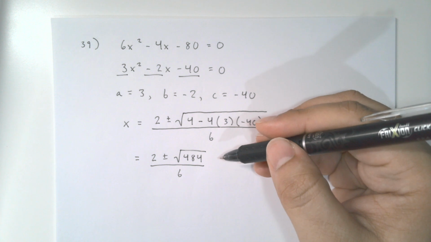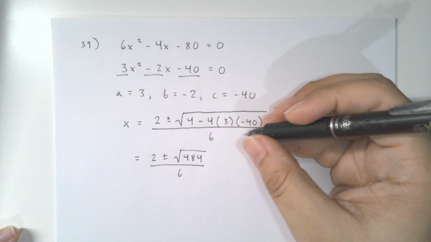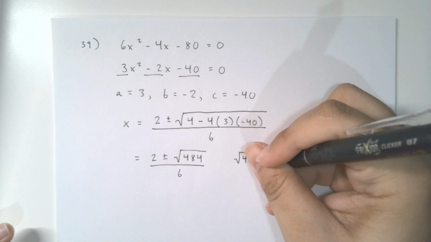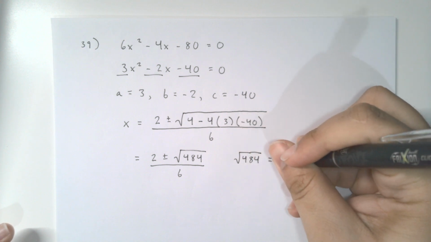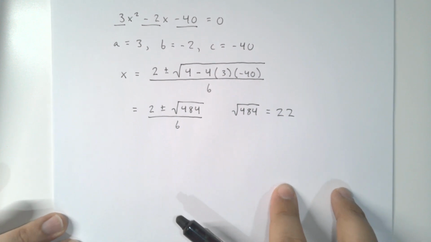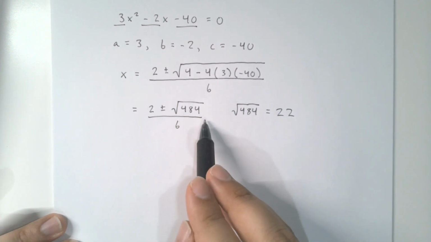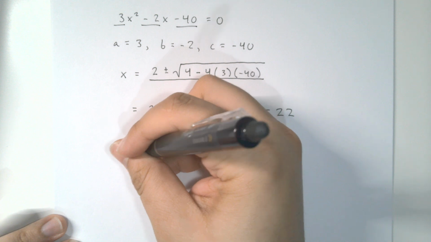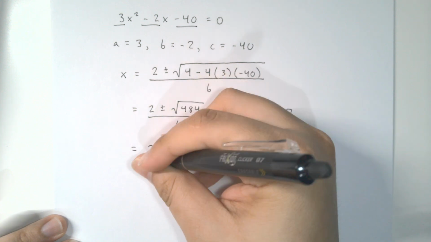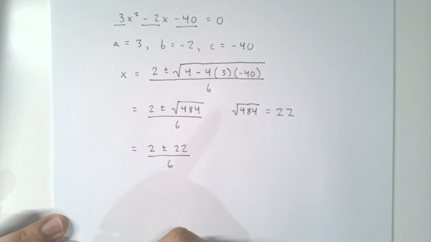If you get a decimal, then it's not a perfect square, and you should try dividing this number by perfect squares. However, the square root of 484 is actually equal to 22. So that means that we can replace this 484 with 22, and we get 2 plus or minus 22 all over 6.